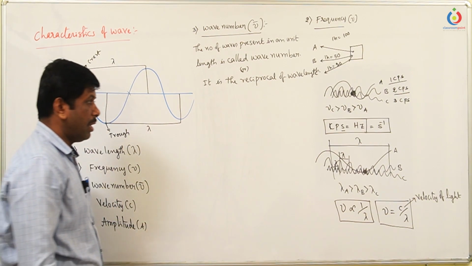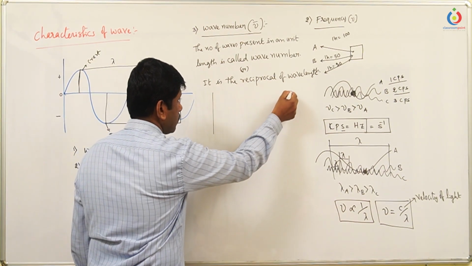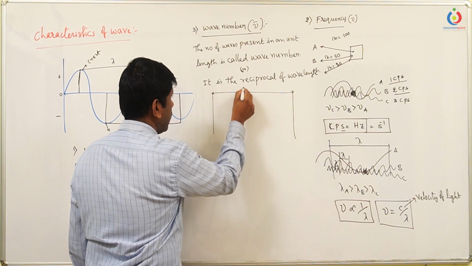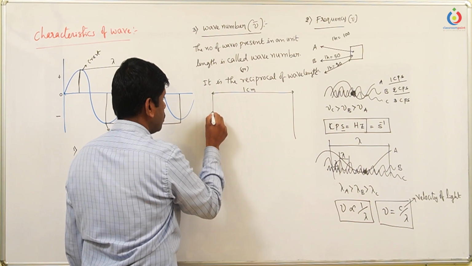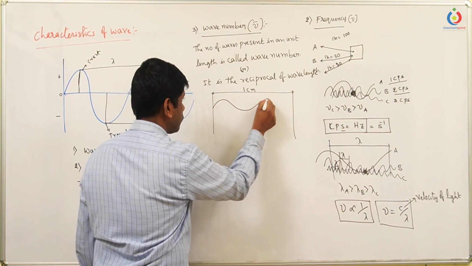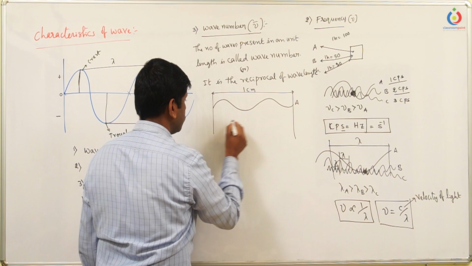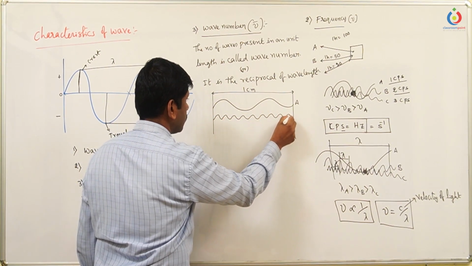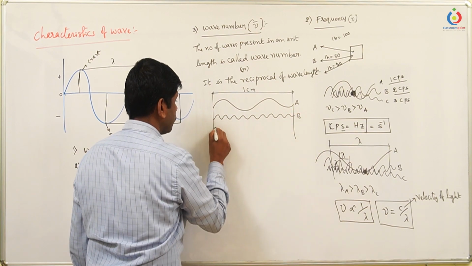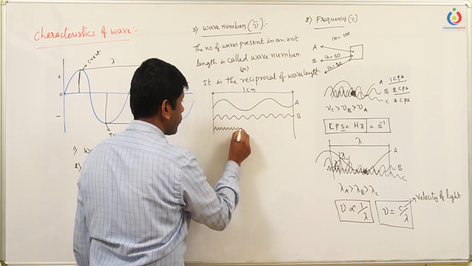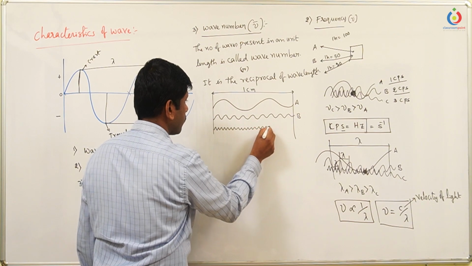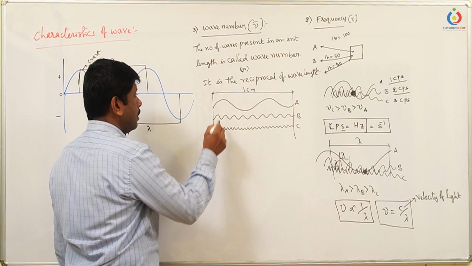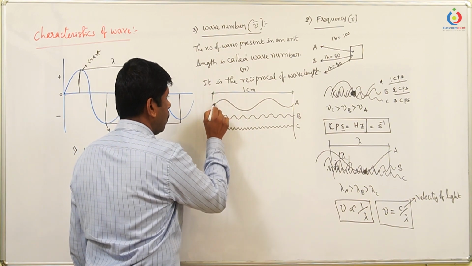So similar concept, let's take here. This is the unit length. Imagine 1 centimeter distance. So let us take different waves. A, this is B, now this is C. See here, how many waves are present?